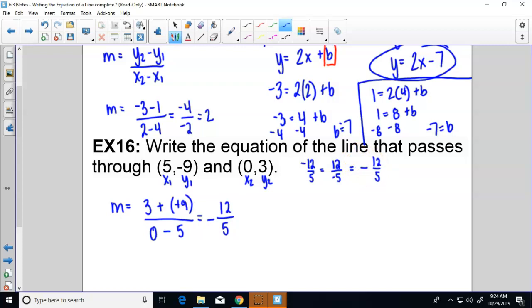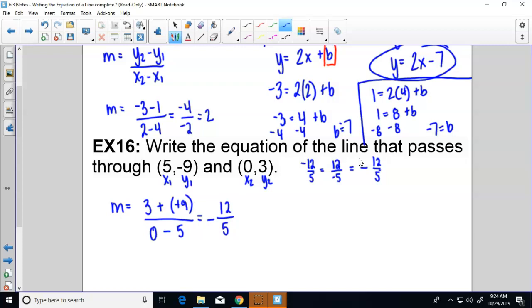This is what you're more likely to see as far as looking at answer choices and stuff like that. They typically put the negative out front. But it can technically go in the top or the bottom. You just can't put it in both places. Okay? Alright, so we've got our slope.